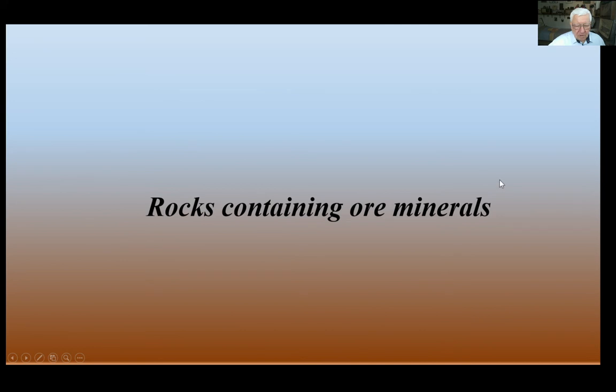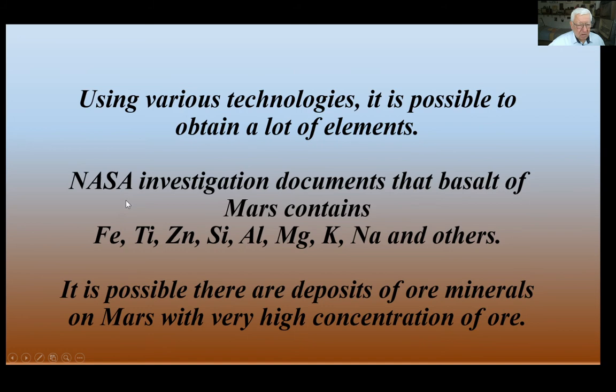Separate interesting problem is the presence of ore minerals in the rocks of Mars. Documentation on the internet presented by NASA shows the presence of this kind of elements and others, and some are in quite big quantity.